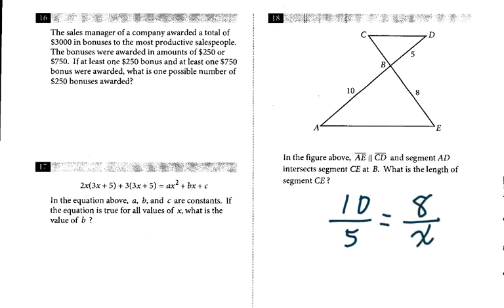Then figure out CB first. That's the CB, and x will be 4. Then we test on CE. CE will be 4 plus 8 equals 12. That's all.